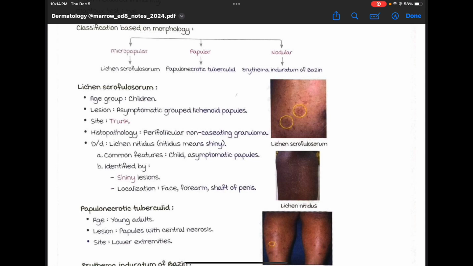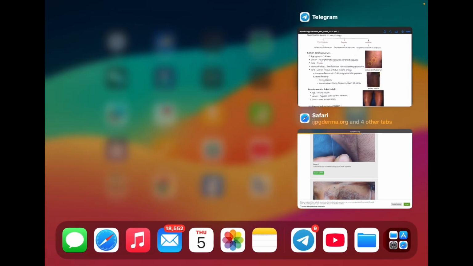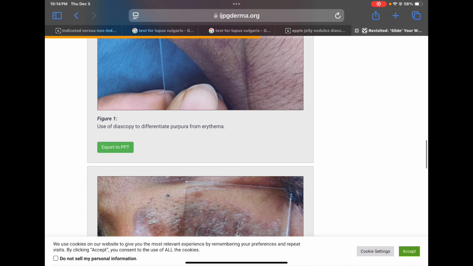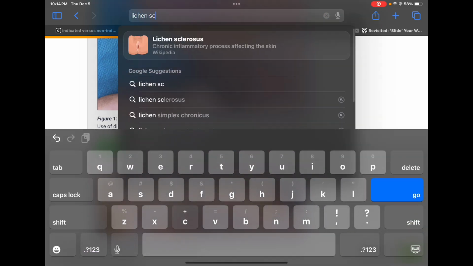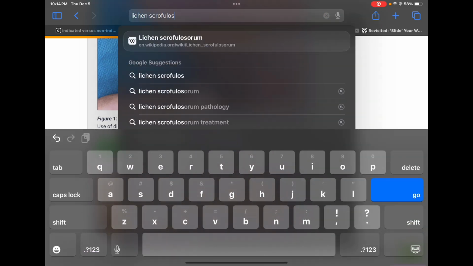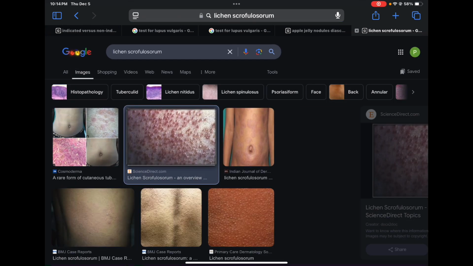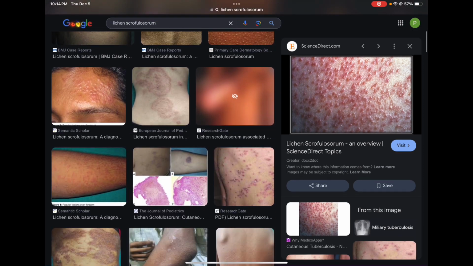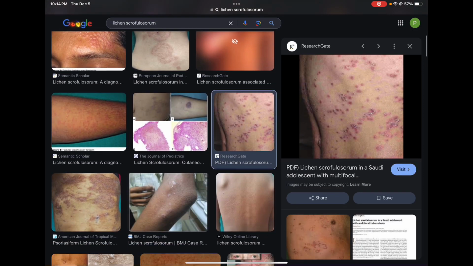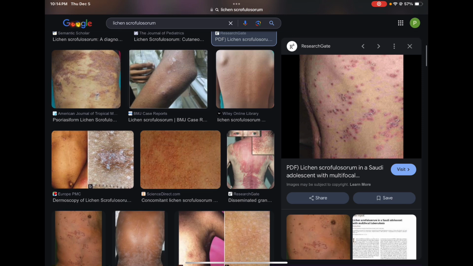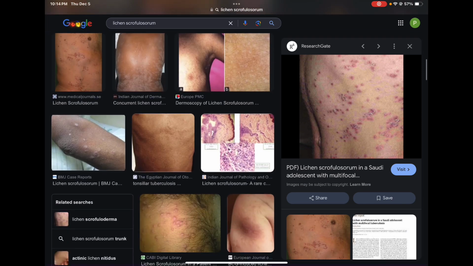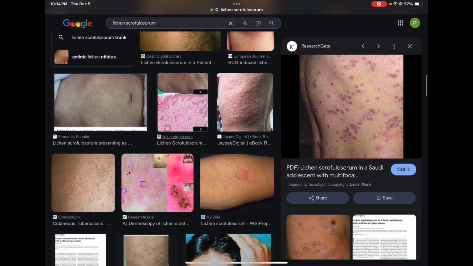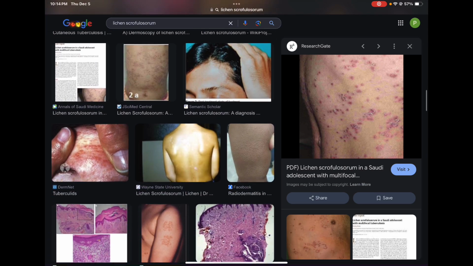So lichen scrofulosorum, let's see an example for that. This is how it looks like. Very dramatic nodules, many in number.